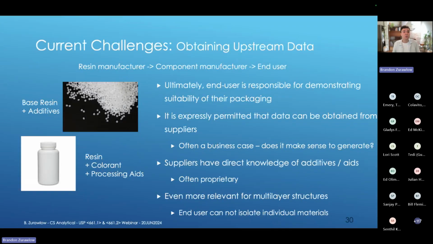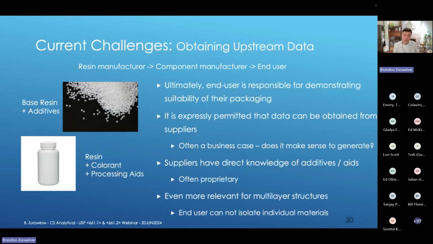As we go from, let's say, a resin manufacturer who's creating that base resin with some additives, going to the component manufacturer who's, let's say, adding colorant and processing aids, or maybe co-extruding a multi-layer structure, and getting to the end user, it's ultimately that end user who is responsible for demonstrating the suitability of their packaging.